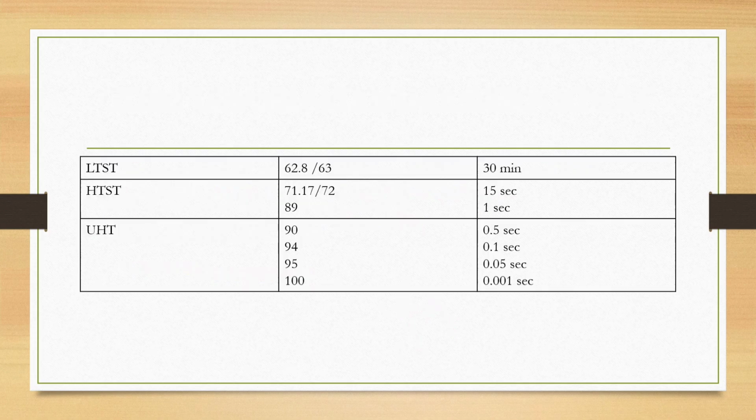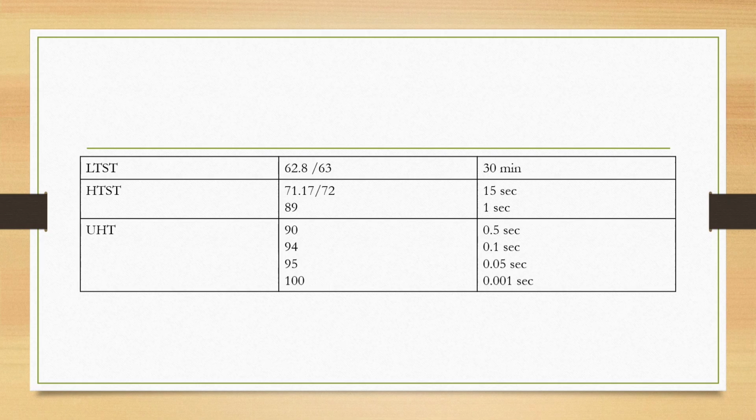So in pasteurization, there are different processes. We'll get into detail, but before that we should know certain processes: low temperature long time, high temperature short time, or ultra high temperature. These are important; they might ask you in any exams.